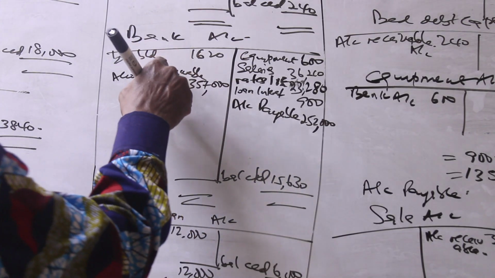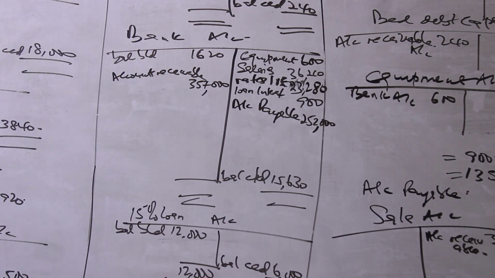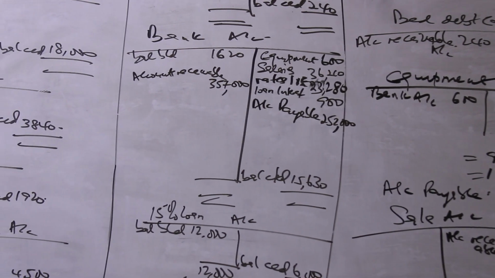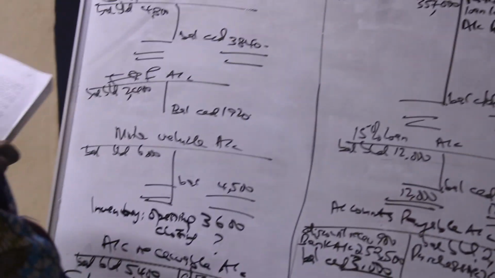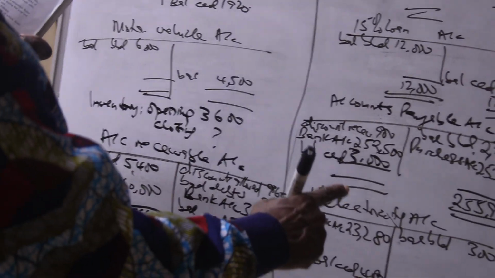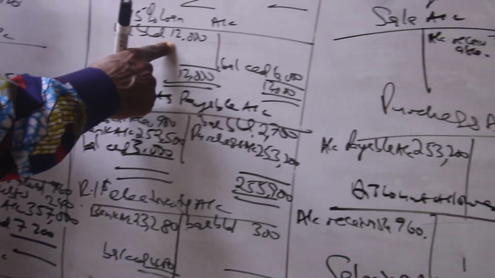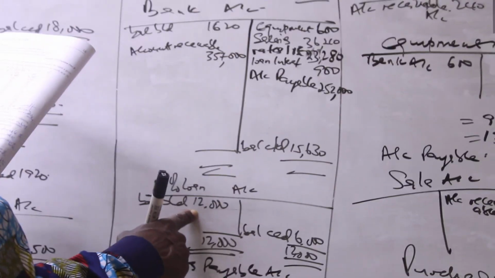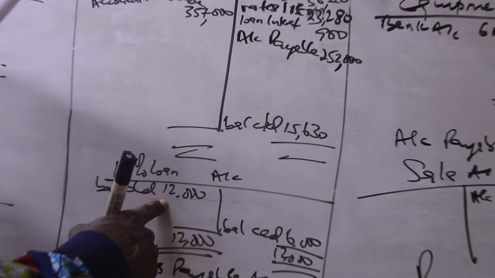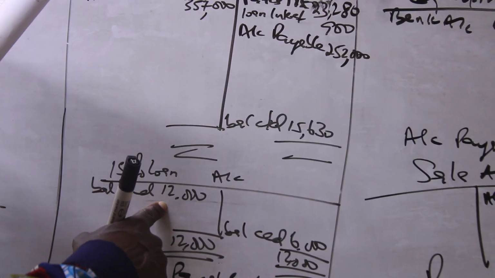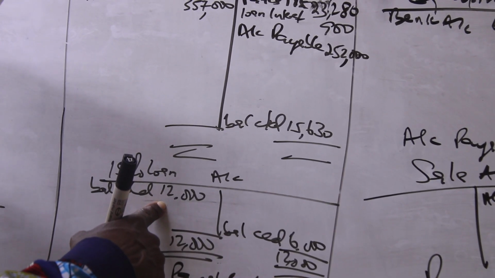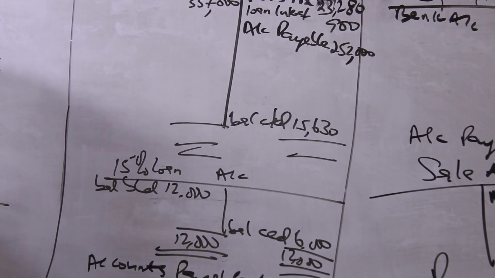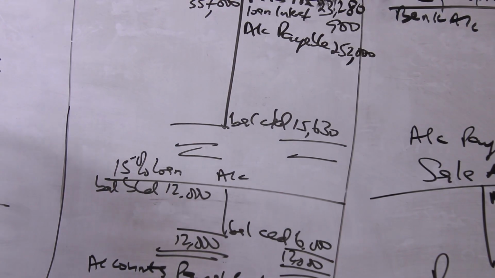We said we got a loan here, the loan that is accruing interest, a 15% loan, in the additional information. We got a loan of 12,000.